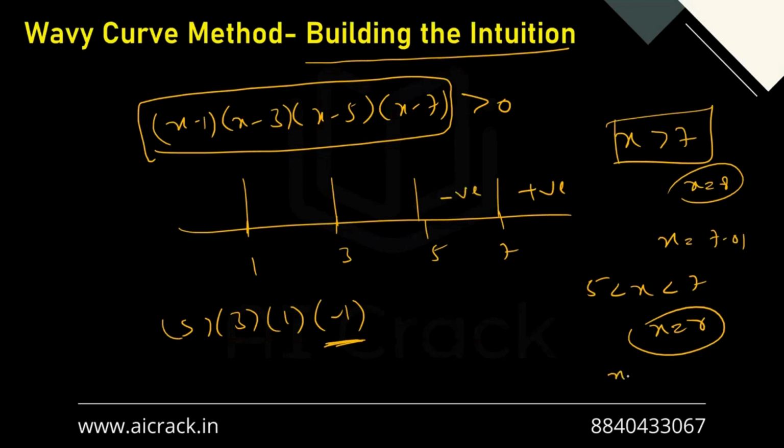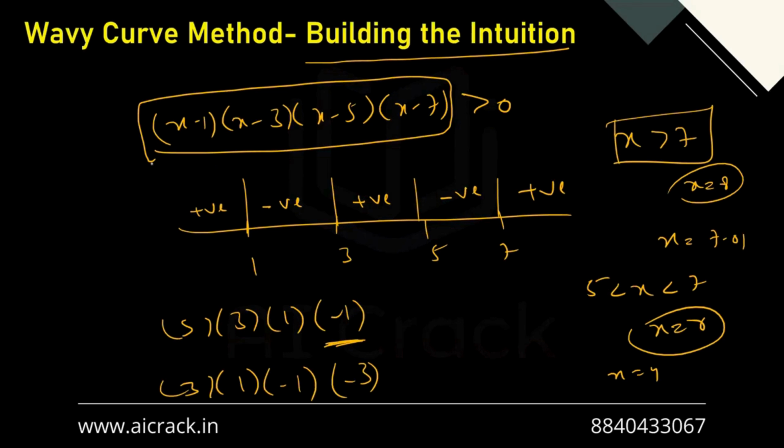Now if we go with x equals to 4, in this zone, that would give us 3, 1, minus 1, minus 3. Now we have two negative signs over here, so it would become positive. So we can see a pattern forming over here, plus minus, and we can extrapolate it. And you can just plot it and you'll see that it comes out like plus minus plus minus plus minus.